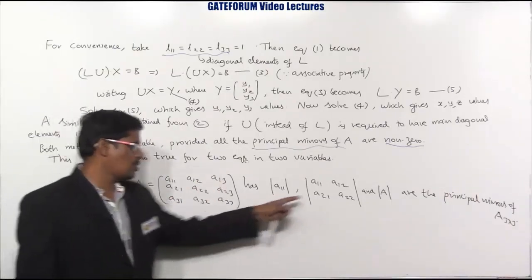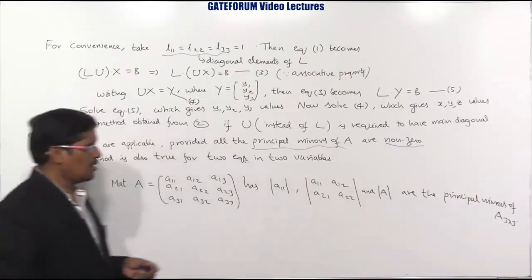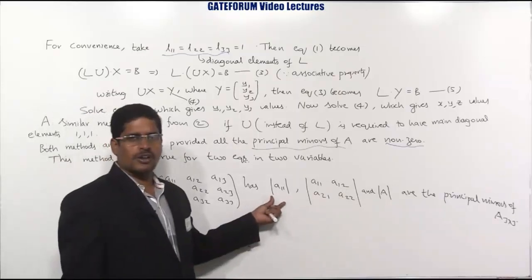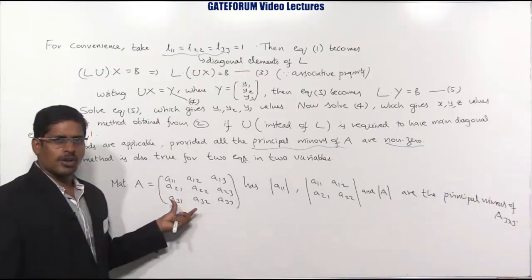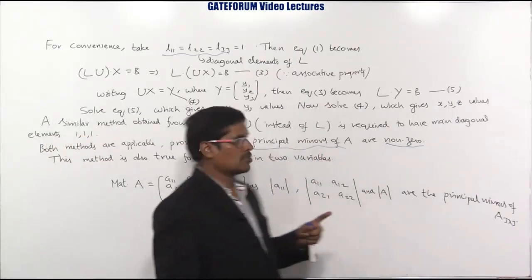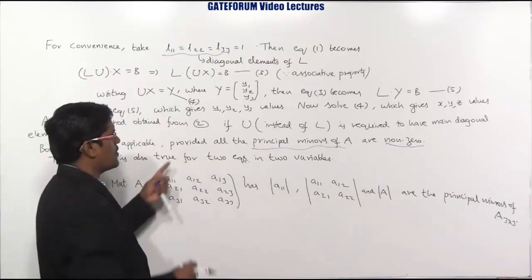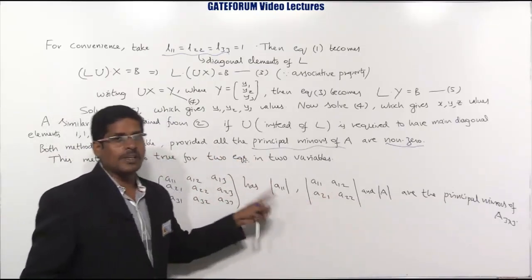Deleting last row, last column, you will get this submatrix determinant. The matrix A itself determinant is called the third principal minor. This is called first order principal minor of a 3 by 3 matrix. This determinant is called the second order principal minor of the matrix A, leading principal minor. So please remember, leading. Okay, provided all the principal minors, leading principal minors. These three are called leading principal minors.